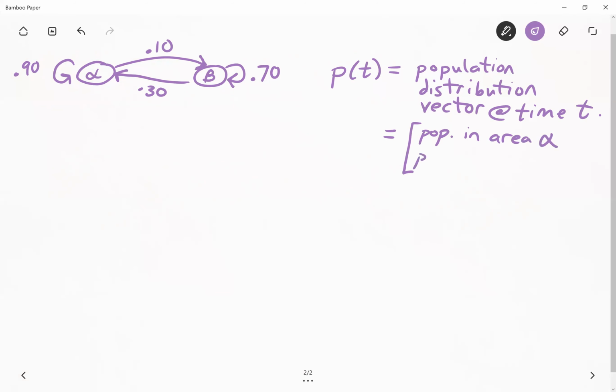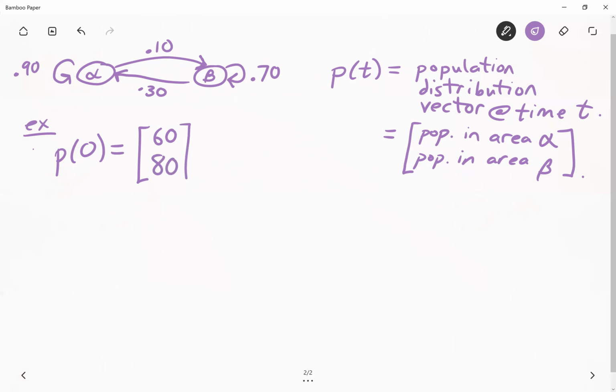It's the first entry, and then the population in area beta as the second entry. So for example, we might say that the populations at time 0, perhaps we have 60 birds in area alpha and 80 birds in area beta.